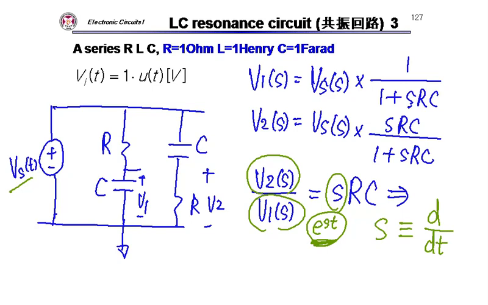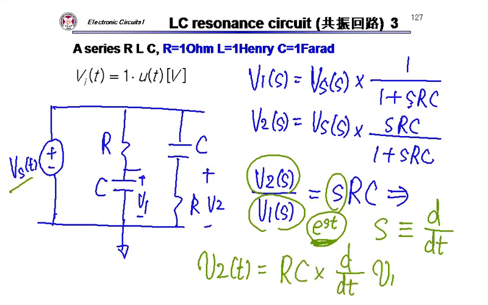Okay. So in the time domain, my v2(t) should be RC times d over dt of v1(t), or any Vs, right? Okay, any question? No other relation. No question.